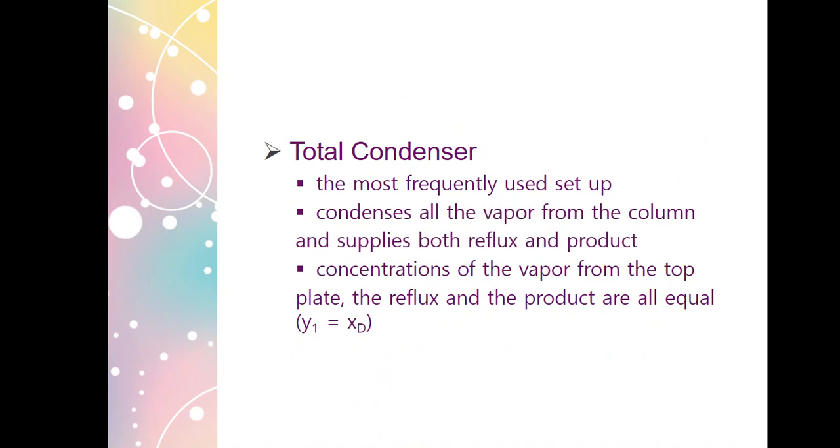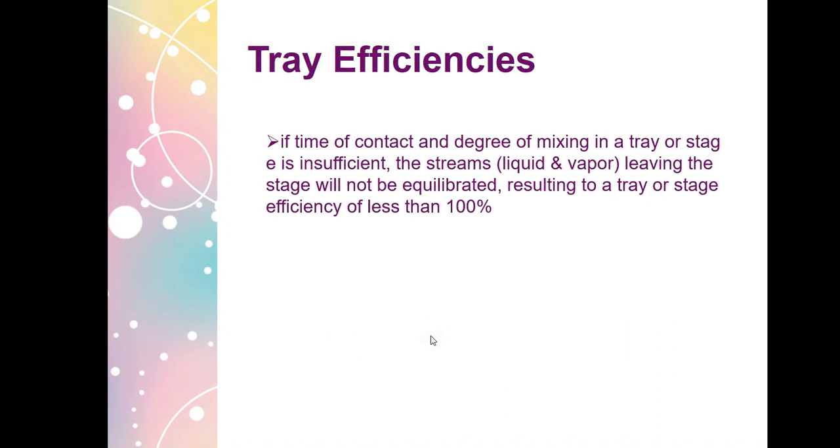The total condenser is the most often used auxiliary equipment because it converts everything, the vapor that goes up, into liquid. It condenses all the vapor and supplies both the product distillate, which is liquid, and the reflux also, which is liquid. Now, the concentration of the vapor from the top plate, the reflux, and the product in this case are the same. And we know that already, and this is often the case in industry.